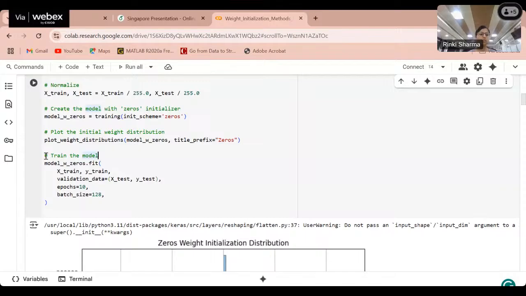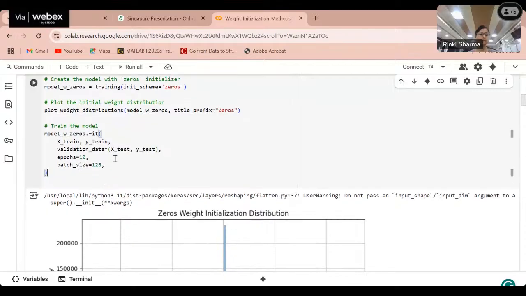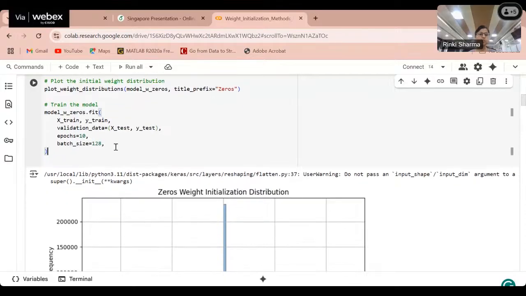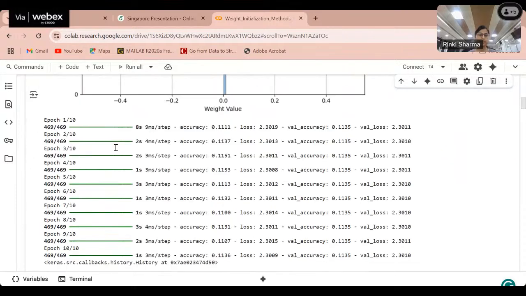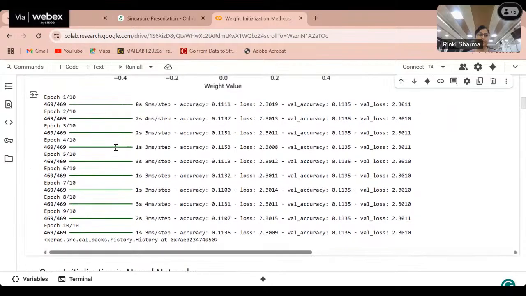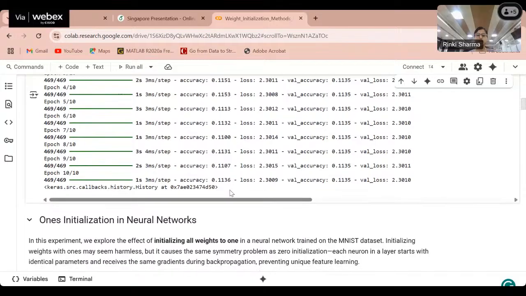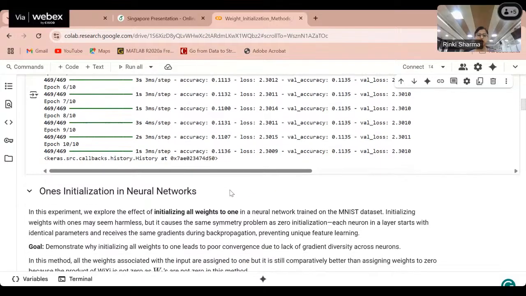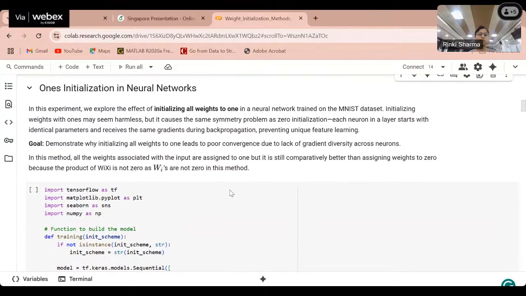And again, we will train the model with the x_train data, the model with zero weight initialization, and validation data, with epochs 10 and batch size 128. So you can see there is no learning, accuracy is very low and loss is very high because of the zero initialization. And now we will see the ones initialization in a neural network.